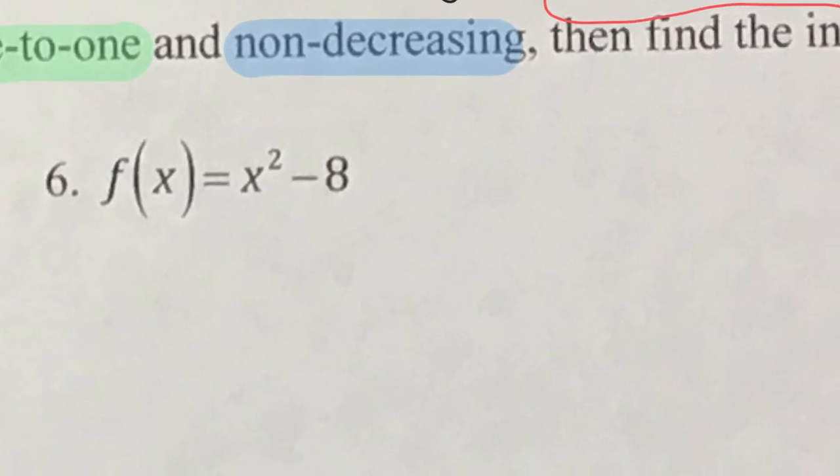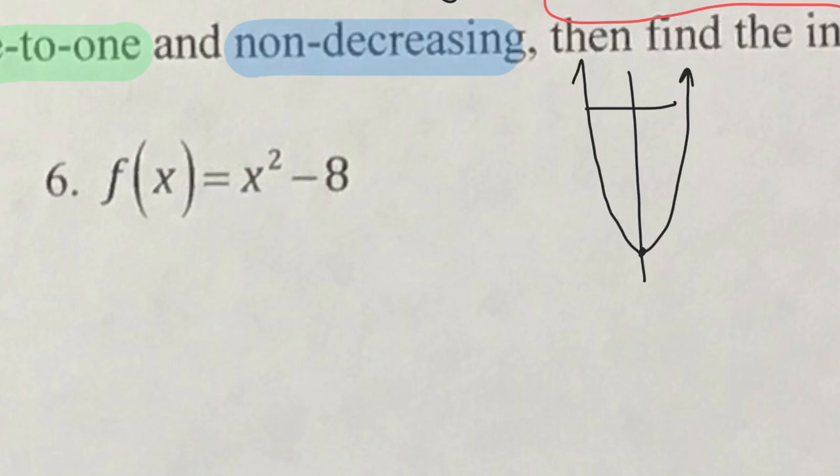So for this one, what does the minus 8 do to our graph? Hopefully you know it moves it down 8 units. Okay, so what is the vertex? What is the x-coordinate of my vertex? Well, that's going to be 0. So as long as I restrict my domain to everything bigger than or equal to 0, I am not able to graph the left side, and therefore my quadratic will be 1 to 1.